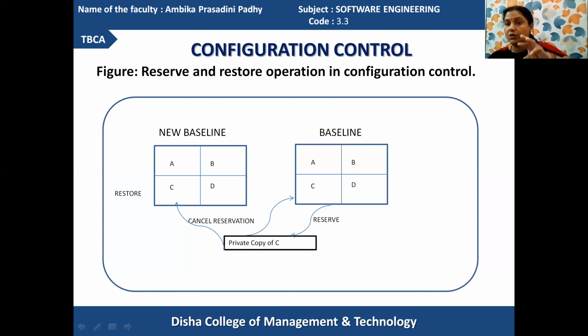Suppose the original system is present in a baseline, and that baseline is to be modified by a particular set of people. He may be an authorized one or may not be authorized. There is an authorized person who allows the change to be made. Before the changes are verified and allowed, it is being modified by somebody.